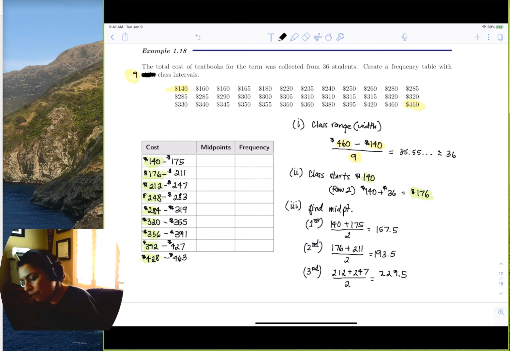So if I put these here, 157.5, 193.5, 229.5, look at the difference between these. If you subtract 157.5 from 193.5, you get 36.